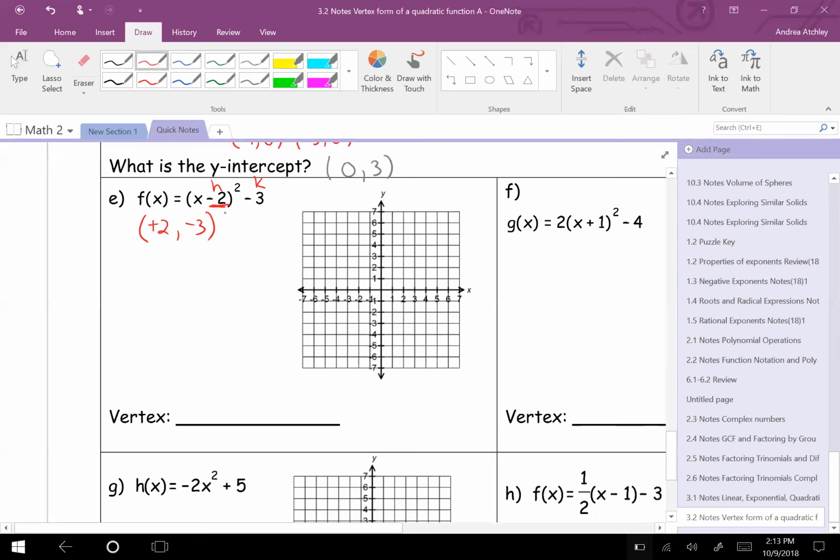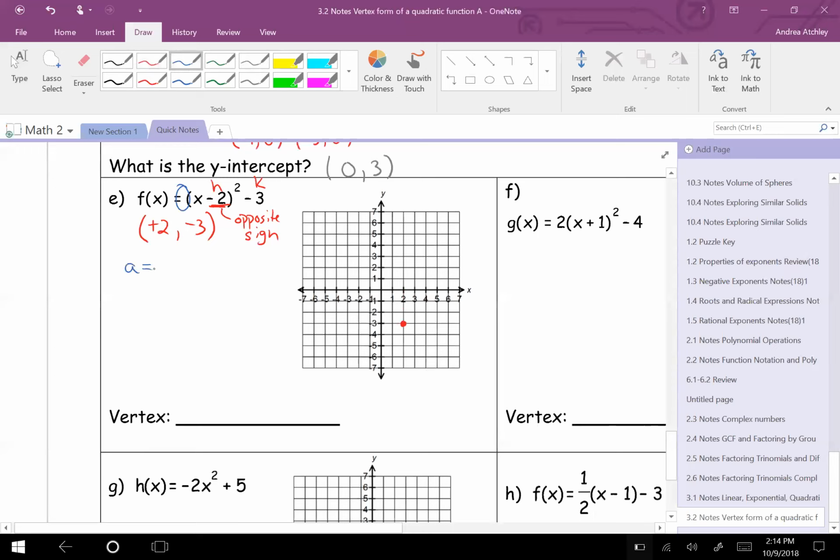You want to make sure you're changing that sign. I'm going to graph that. I'm going to go where x is 2 and y is -3. Then we need that a value.